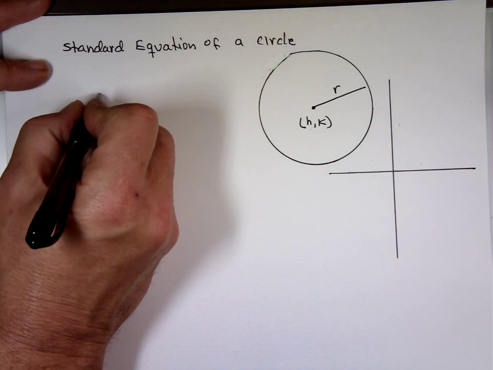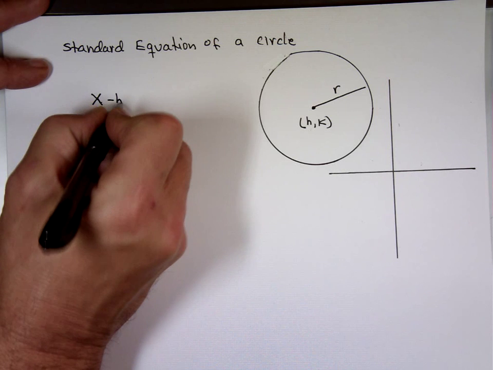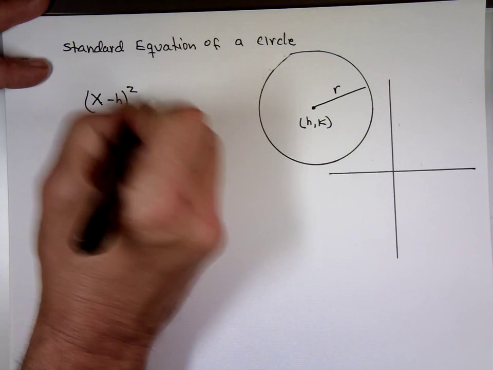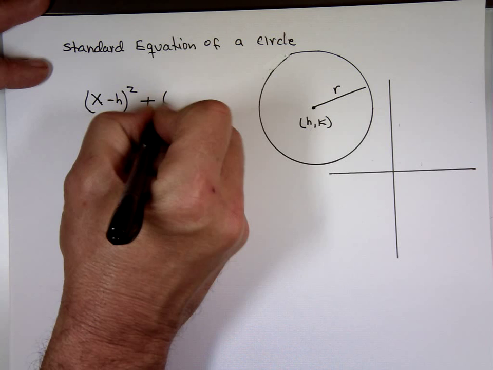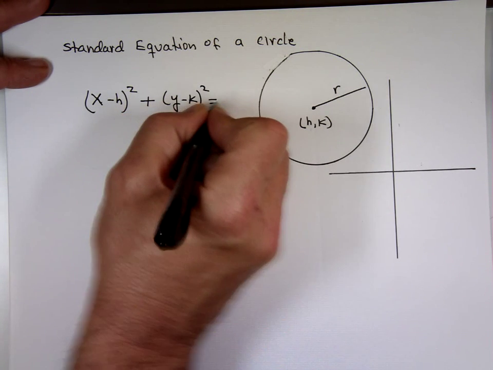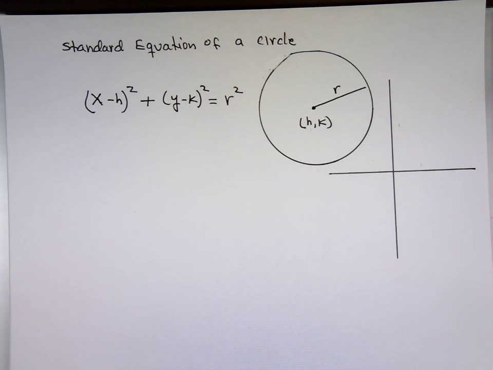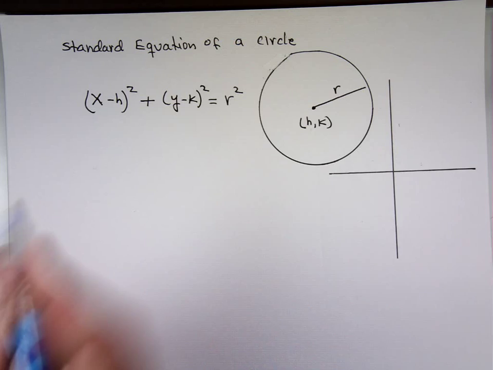Pi r squared? Well, that's the area. It's (x minus h) squared plus (y minus k) squared equals r squared. That is the standard form or standard equation of a circle.